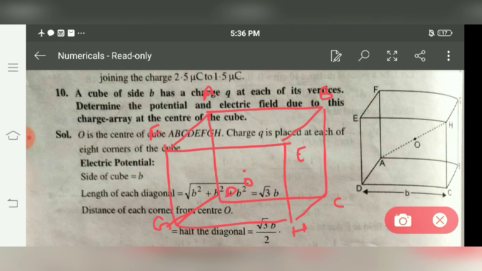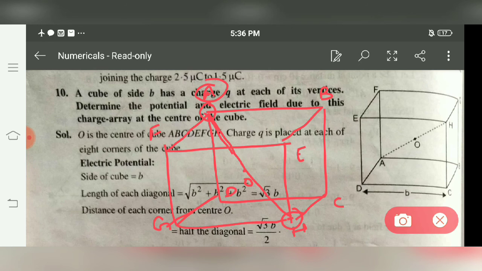Let us take the triangle AOH, means from the back wall, top left vertex joined to the front wall of the cube, the right bottom vertex.